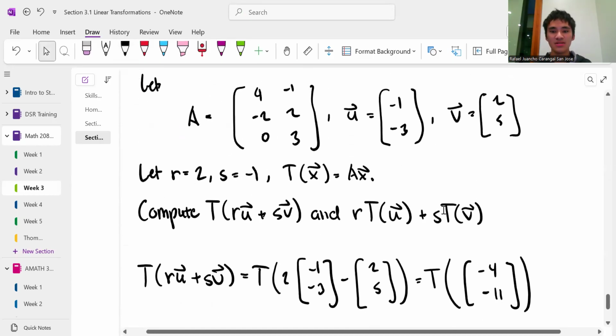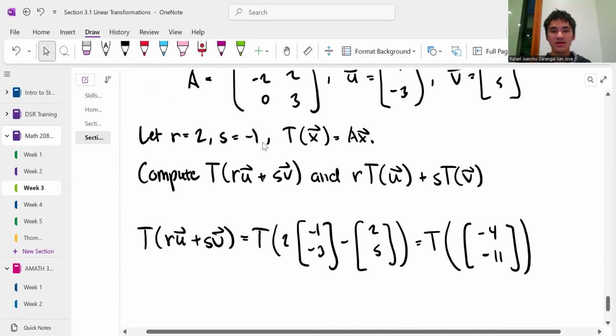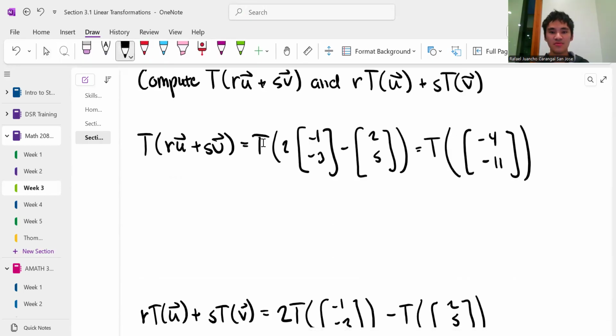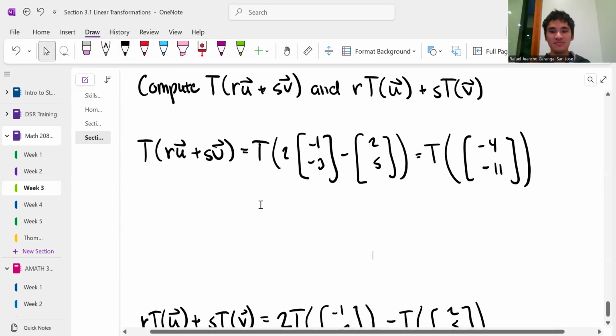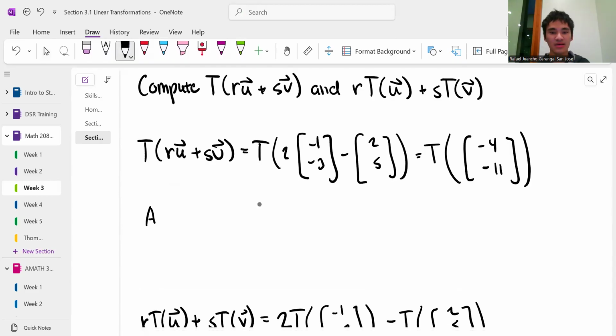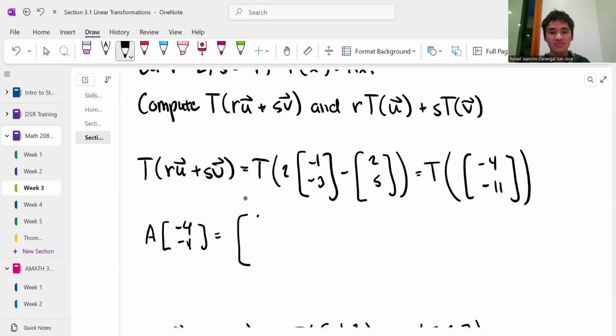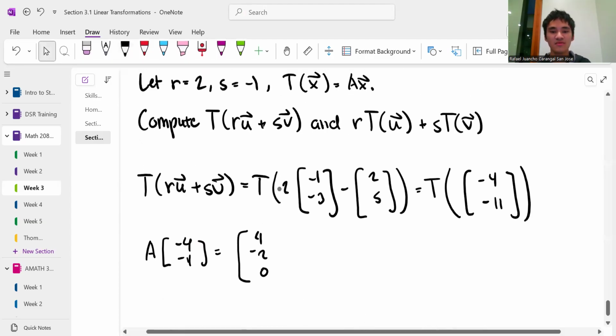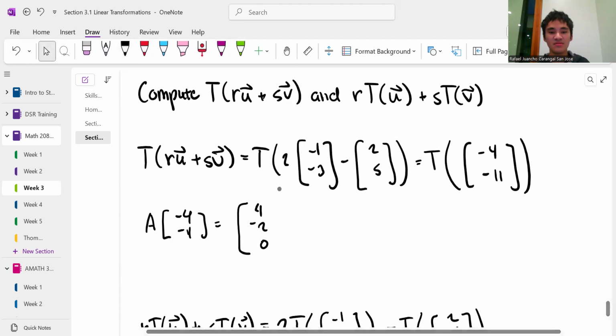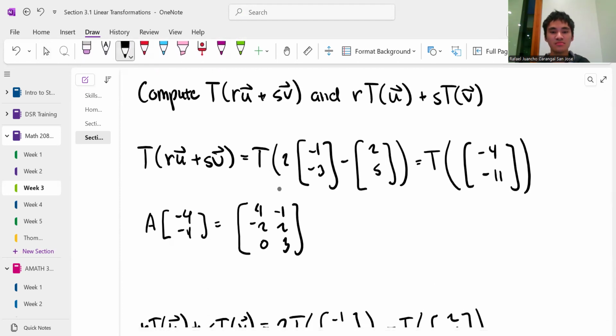So we say this is equal to Ax, right? So when we transform, this is A of this guy right here. That's just matrix vector multiplication. So 4, negative 2, 0, negative 1, 2, and 3. And this works, right?